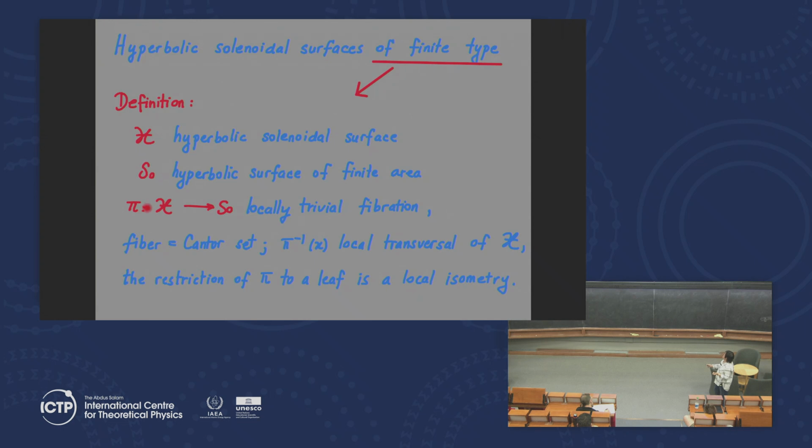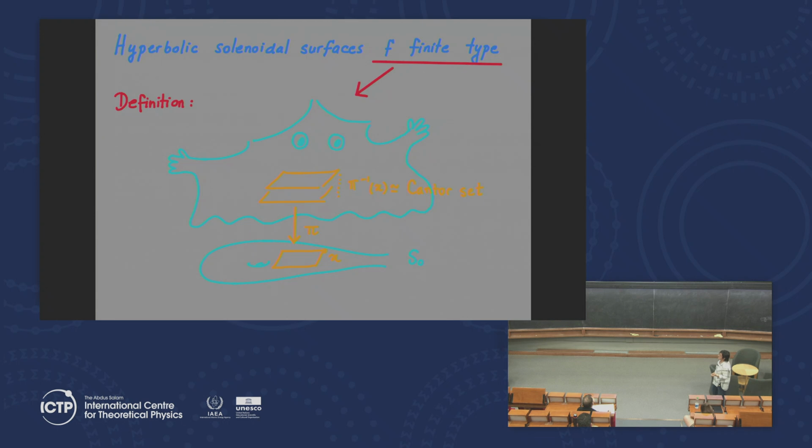And then you have a fiber bundle, X fibers over S naught, and the fiber is a Cantor set. This fiber is transverse to the foliated structure. And then the hyperbolic metric here is simply the pullback under pi of the metric on S naught. So this is the creature.